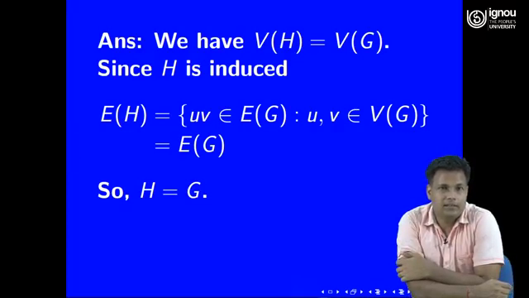And since H is an induced subgraph, it contains precisely those edges whose endpoints are adjacent in G. And since it contains all the vertices of G, EH becomes equal to EG, and therefore H is nothing but the graph G itself.